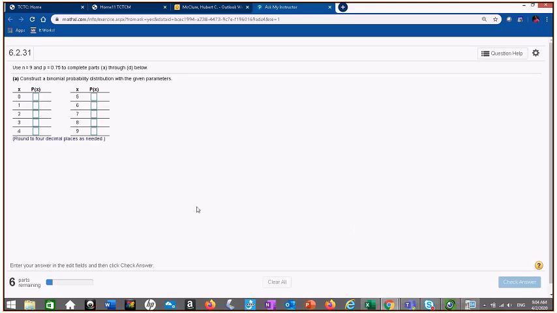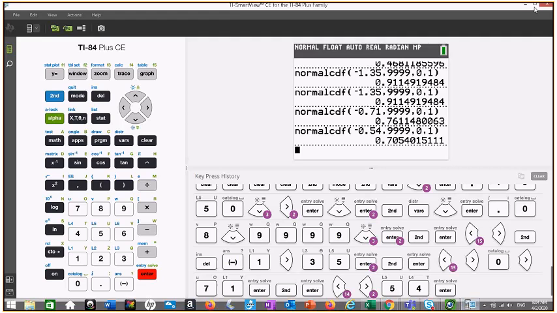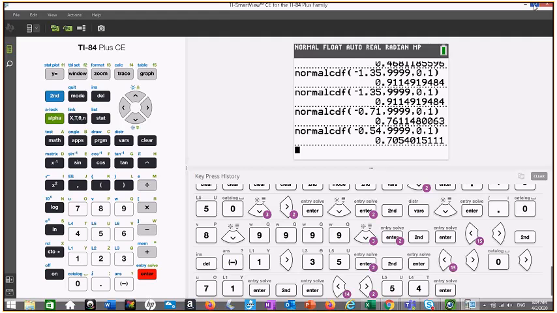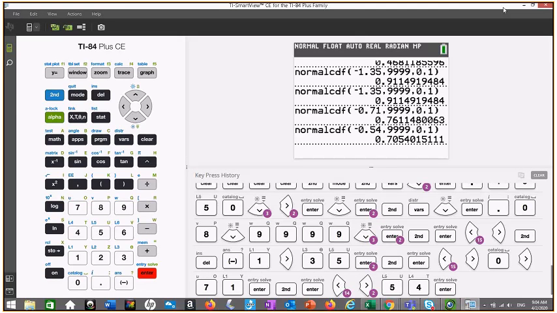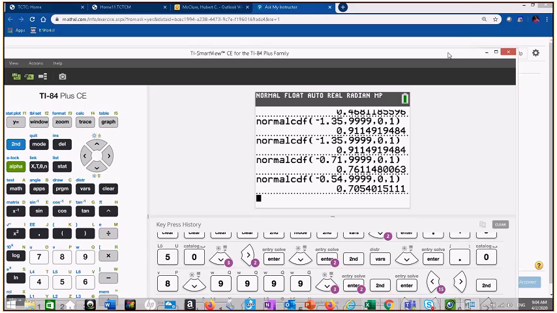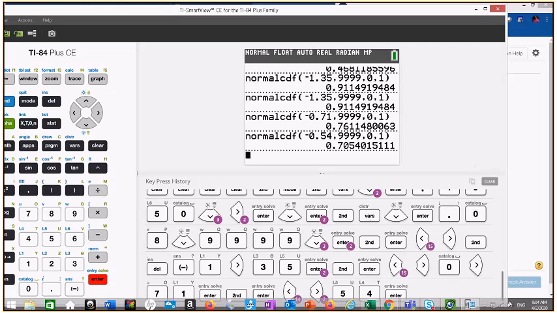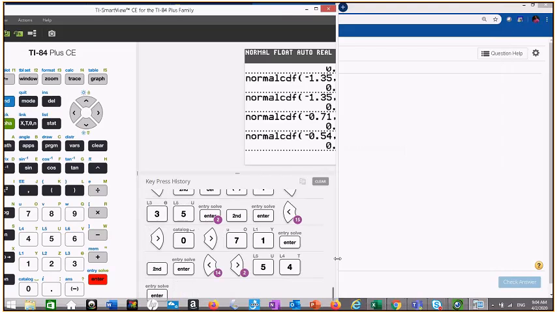I'm going to take my handy dandy calculator.